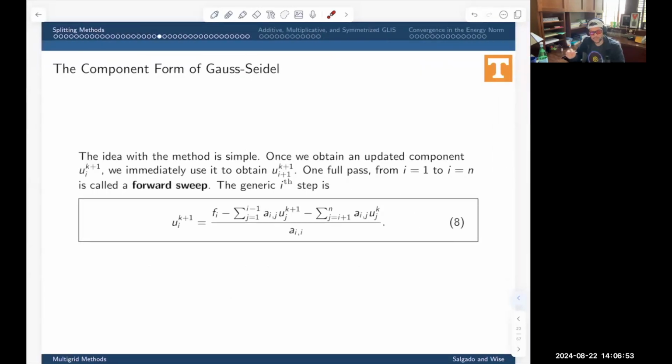Gauss-Seidel has to be updated in a certain order, which we call the forward sweep. You start at I equals 1 and go to I equals N, plugging into this generic formula. The order is important. So there's my general formula for the update for Gauss-Seidel, but it has to be done in the forward order.